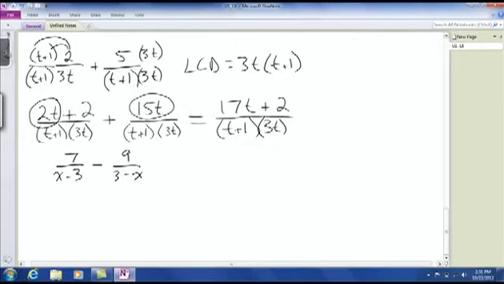What I'm saying is, we've got 7 over x minus 3 minus 9 over -1 times, well, if I pull a -1 out of a 3, that makes it a -3. If I factor a -1 out of -x, that makes it a positive x.